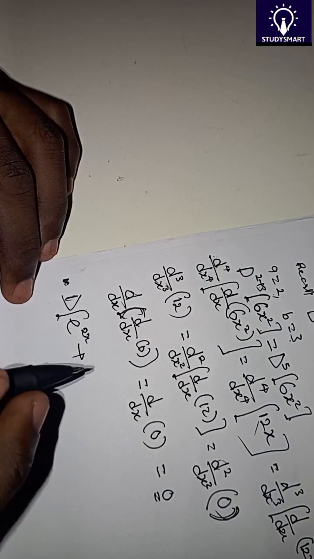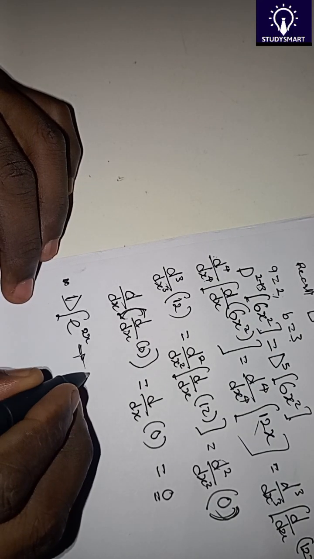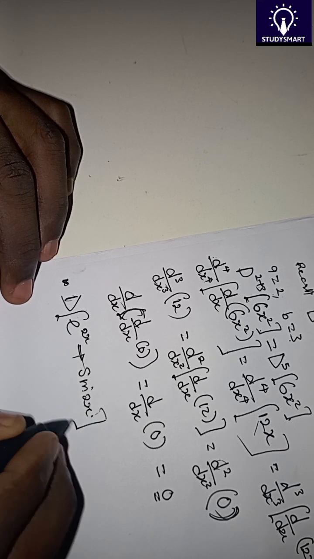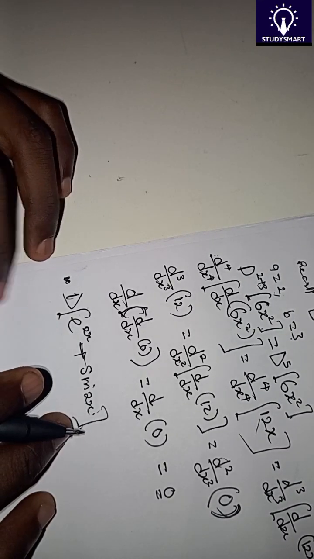Then plus v of x to be sine 2x, right? Is an example.